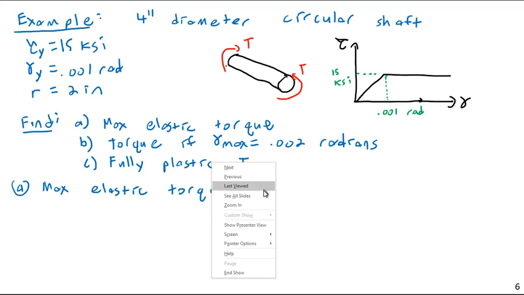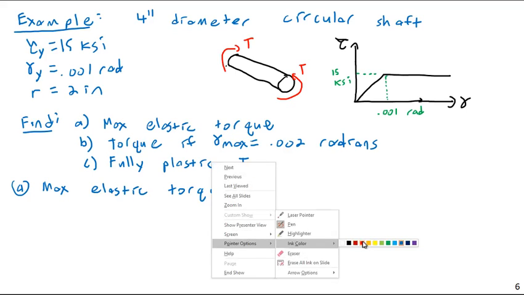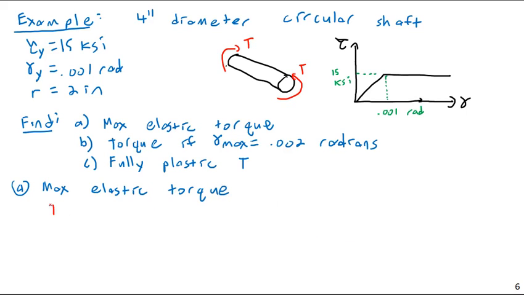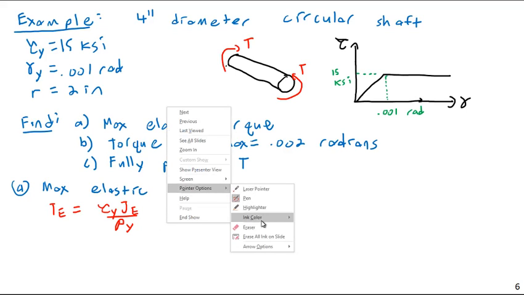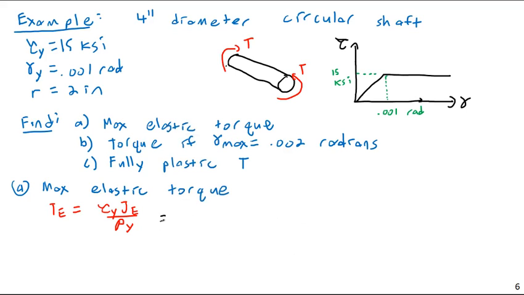Maximum elastic torque. Well, here I'm going to say T_E is equal to tau yield J_E over rho Y, equals 15 ksi times 4 pi inches to the fourth, so this is just plug and chug, 4 pi inches to the fourth over 2 inches.